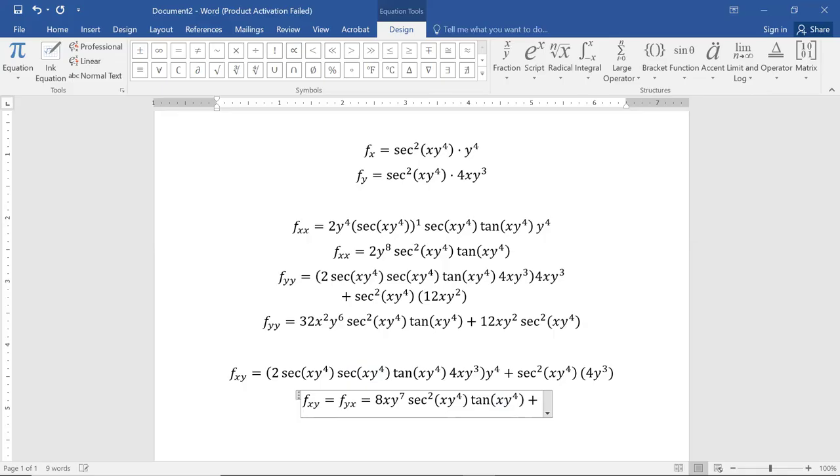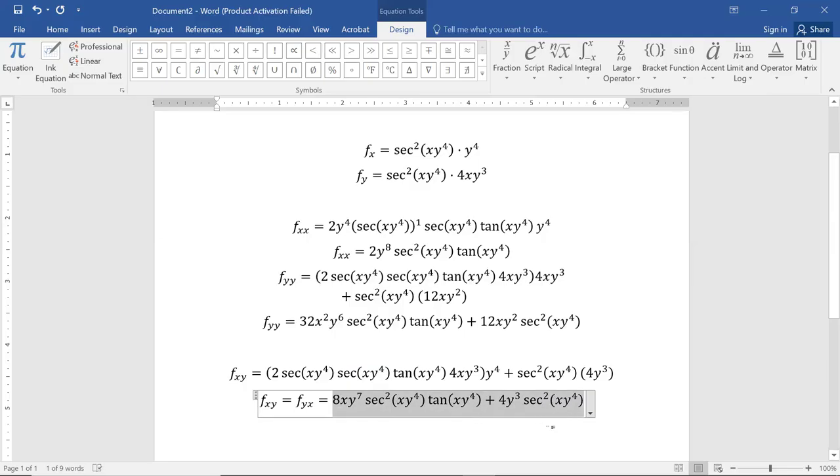All of that. Then we're going to add secant squared of xy to the fourth times 4y to the third. I think I'll put the 4y to the third in front of the secant squared. Hopefully that looks a little bit nicer.